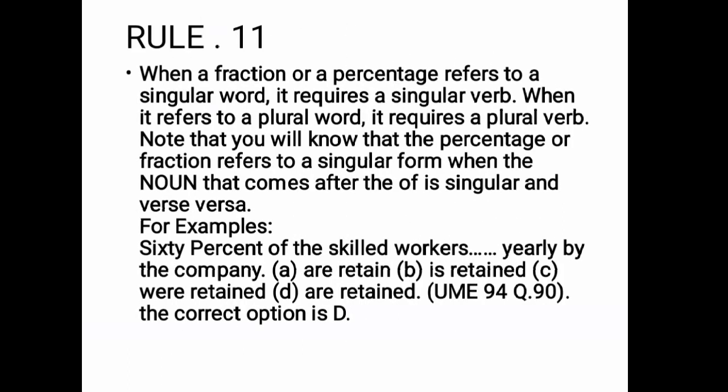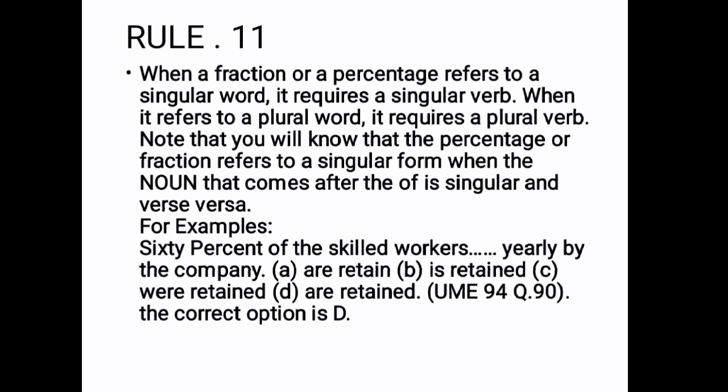Rule 11 says when a fraction or a percentage refers to a singular word, it requires a singular verb. When it refers to a plural word, it requires a plural verb. Note that you will know that the percentage or fraction refers to a singular form when the noun that comes after the "of" is singular, and vice versa.